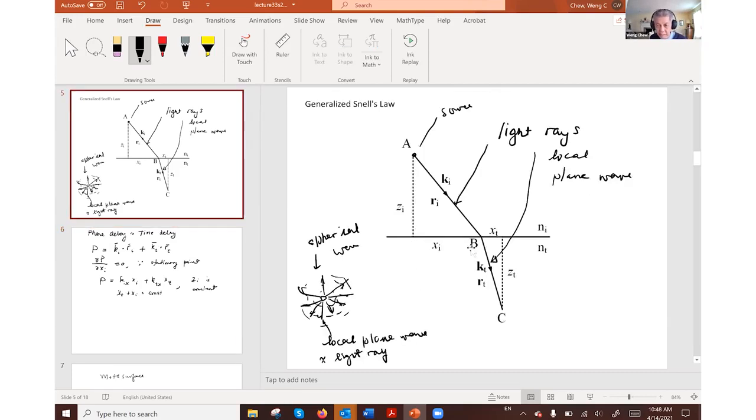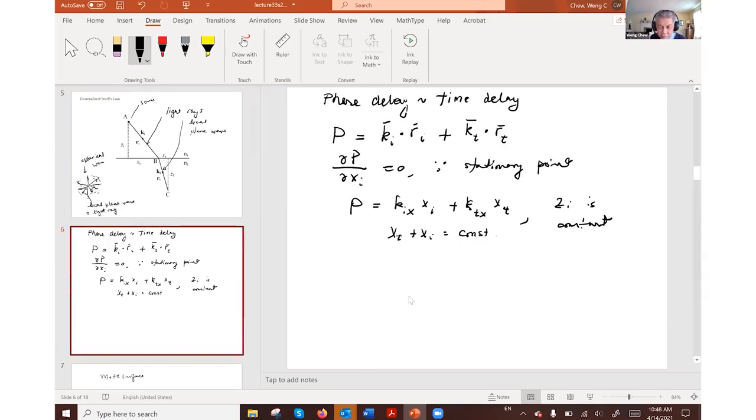So when Xi changes, Xt changes also by the negative amount. So if I differentiate with respect to Xi, I will get KIX, but the second term, I will get negative KTX because Xt plus Xi is a constant.